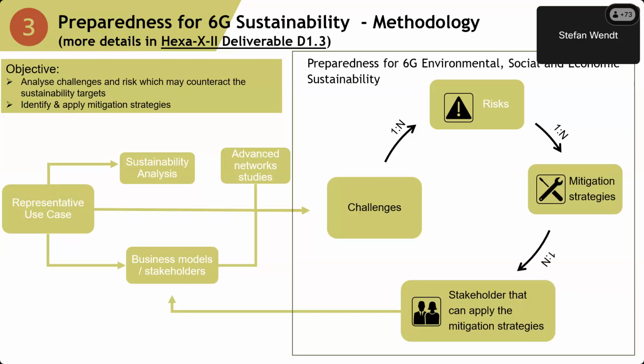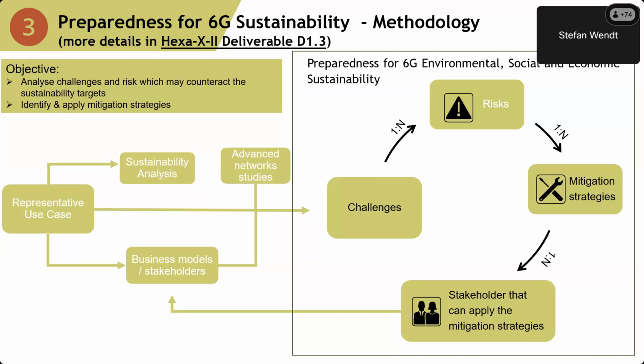The intention is that the mitigation strategies have to be applied. This comes back to the stakeholders, how they apply these mitigation strategies. And that's reiterating, because this for sure will feed back and impact business models and the stakeholder analysis. So that's the methodology we apply here.